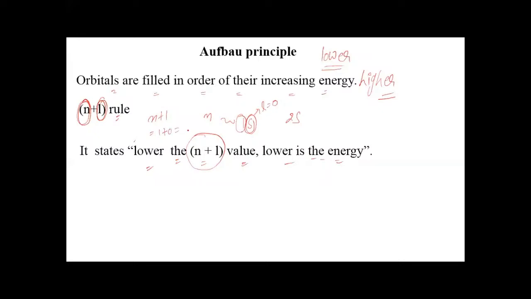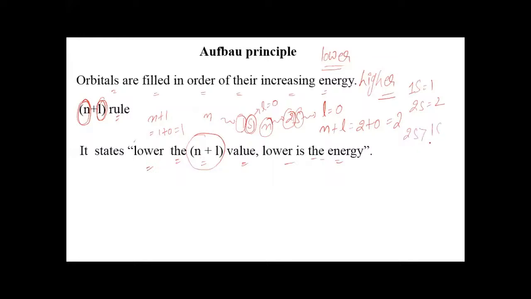Similarly, in case of 2s, 2 tells us the principal quantum number value, that is n, and on the basis of s we find the value of azimuthal quantum number l, that is 0. By putting the formula n plus l, that is 2 plus 0, the value comes to be 2. So we can observe the n plus l value for 1s is 1 and for 2s is 2. So the energy of 2s is higher than the energy of the 1s orbital.